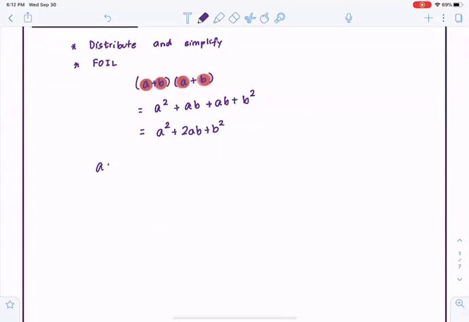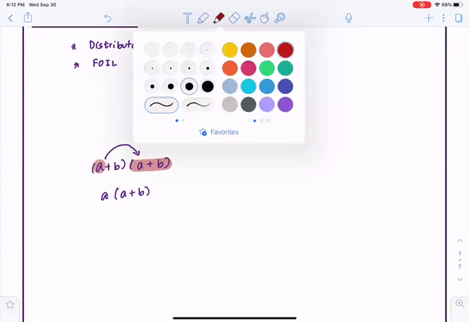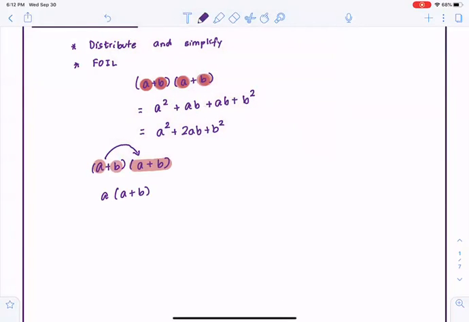Suppose we have A plus B times A plus B. I can write this as the first term, A, and distribute it to the entire second factor, which is A plus B. In other words, I'm going to take A and multiply by A plus B. Then I'm going to take B and multiply by the second term. So I'll have B times A plus B.